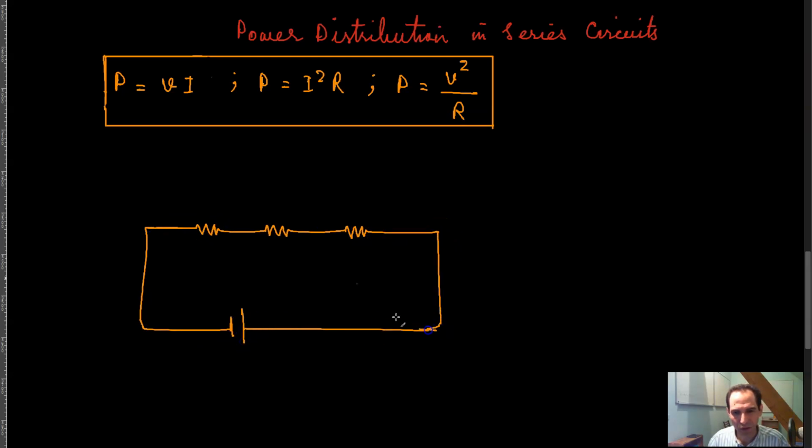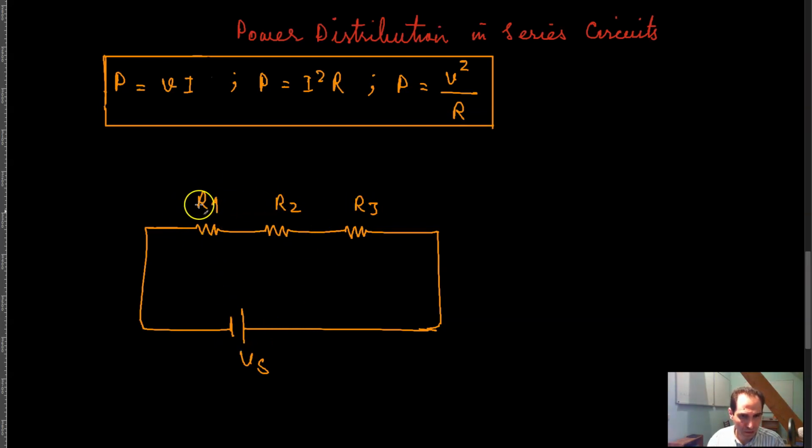This is R1, this is R2, this is R3, and this is V of S. It seems that we are having light problems over here.